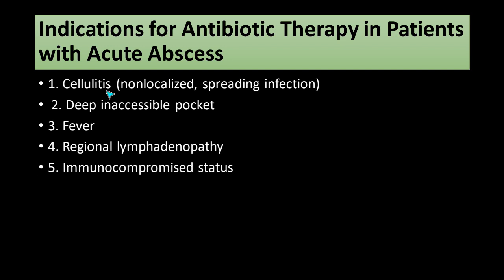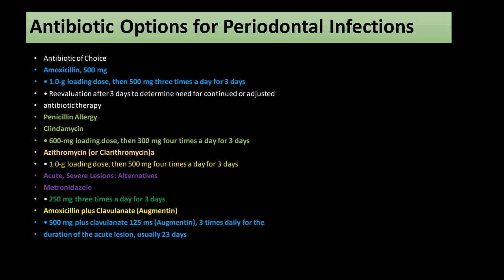In case of all these conditions: if you have a deep inaccessible pocket, if the patient has systemic involvement like fever, lymphadenopathy, immunocompromised patients, or an inaccessible pocket where you're not sure that you have done complete scaling, you maybe have left behind some calculus and plaque in the periodontal pocket, which may aggravate again the reoccurrence of periodontal abscess. In all these conditions, of course, you also have to give antibiotics.